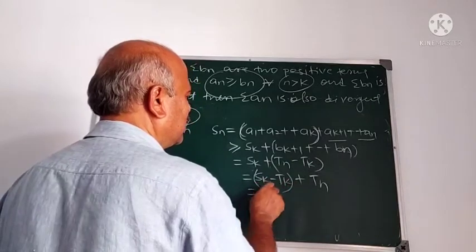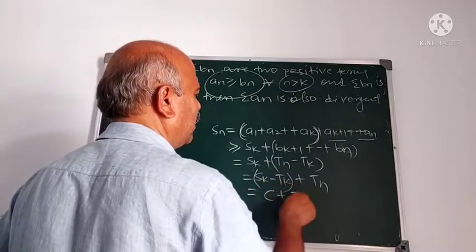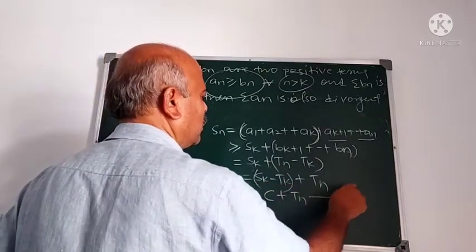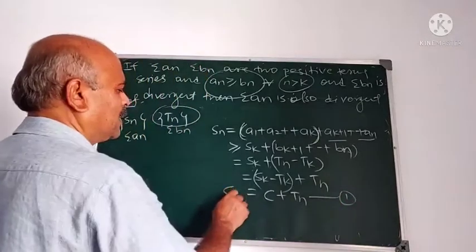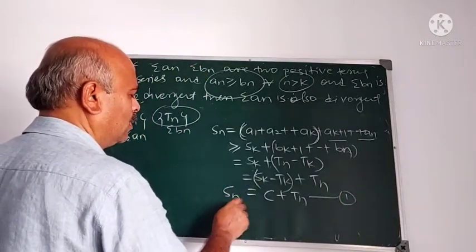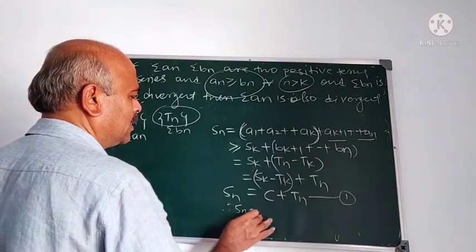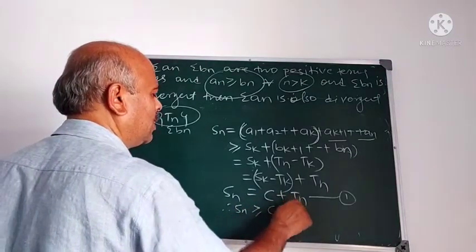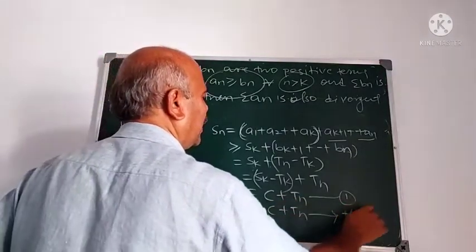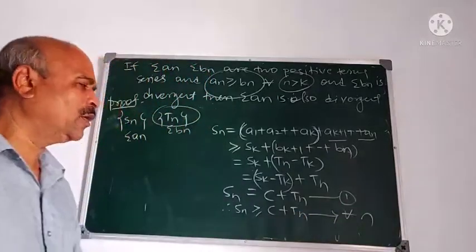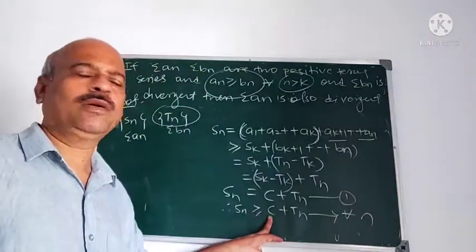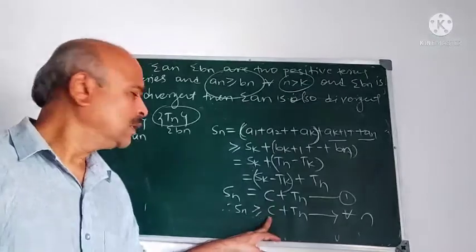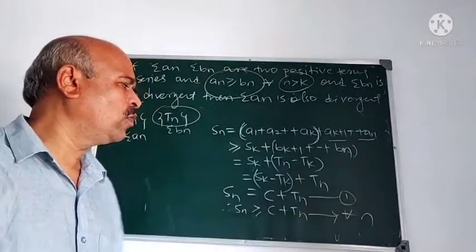That is C plus Tn. Take this as 1. Therefore, Sn is greater than or equal to C plus Tn for all n, because C is independent of n. It is constant. So Sn is greater than or equal to Tn plus C for all n.